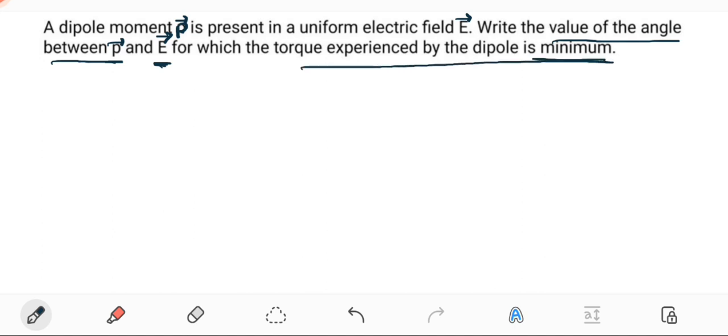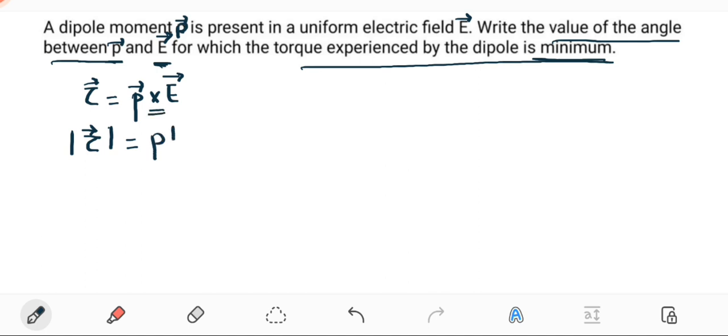Okay, now let us consider the torque. We have been knowing the formula: torque is equal to the dipole moment multiplied by the electric field, a cross product. For the magnitude, we can write the magnitude of torque is equal to P E sine theta, since it is a cross product.